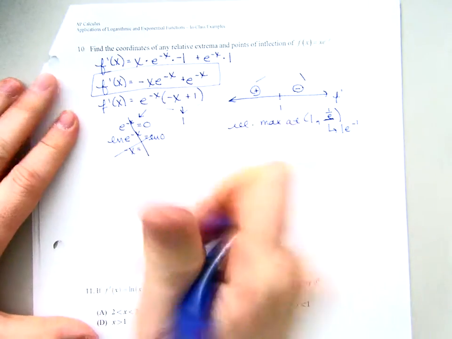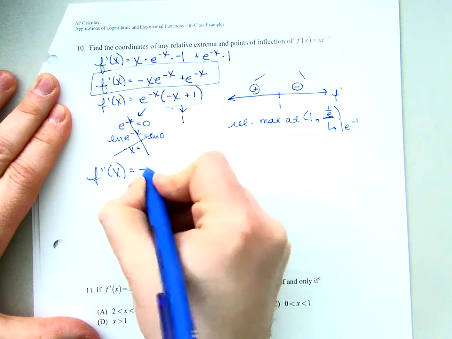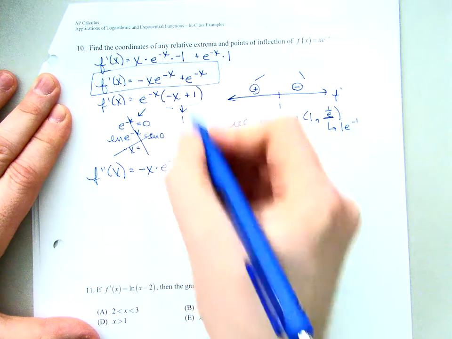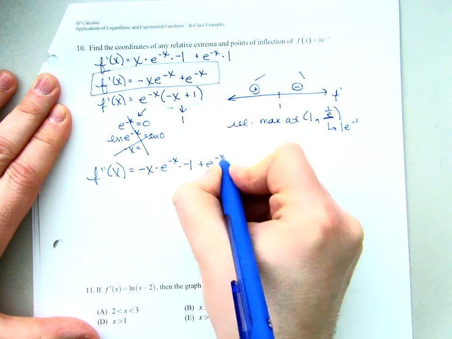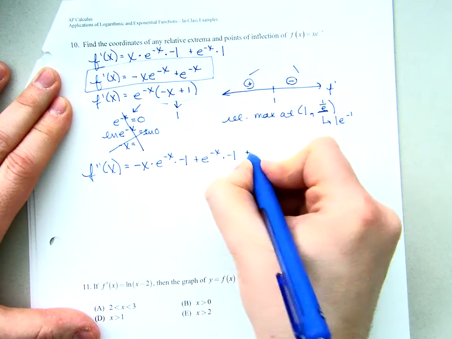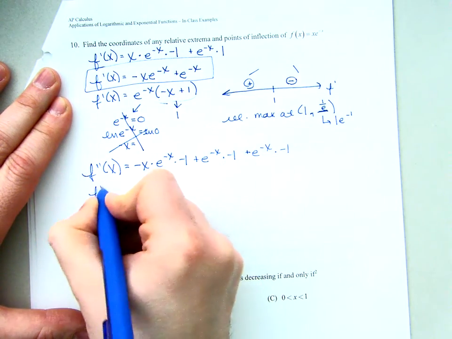Okay. My second derivative. F double prime of x equals first, negative x times the derivative of the second, e to the negative x times negative 1, plus second, e to the negative x, times the derivative of the first, which is negative 1. Then plus the derivative of e to the negative x, which is e to the negative x times negative 1.